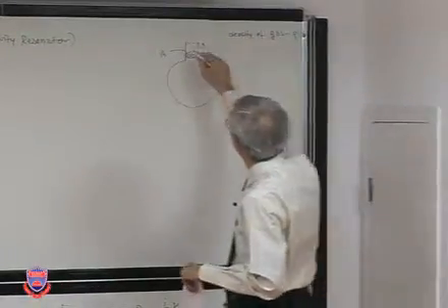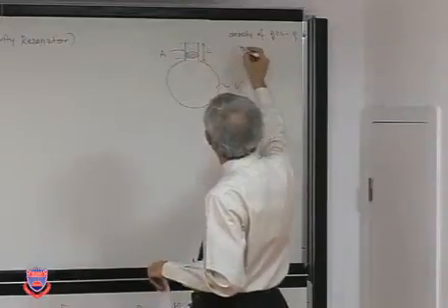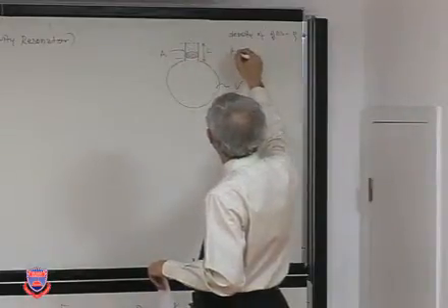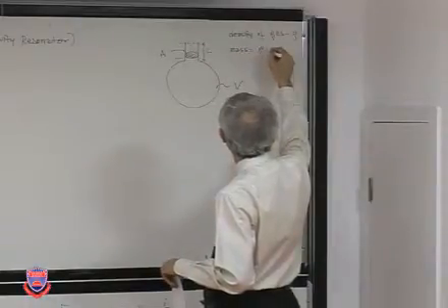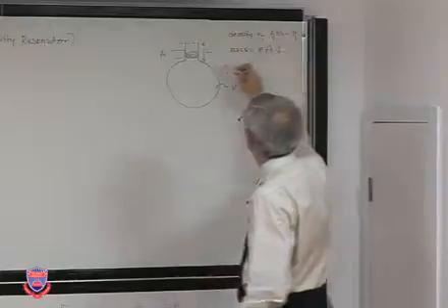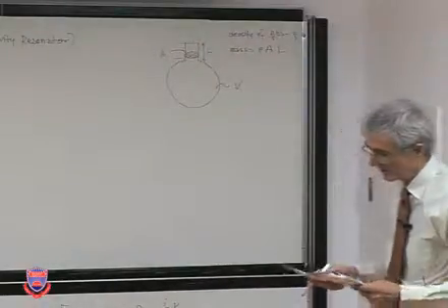So here the mass is rho A times L. Mass of the neck area. Mass rho A L.